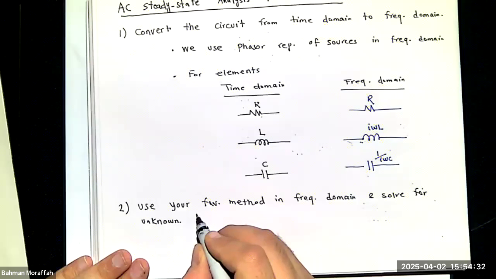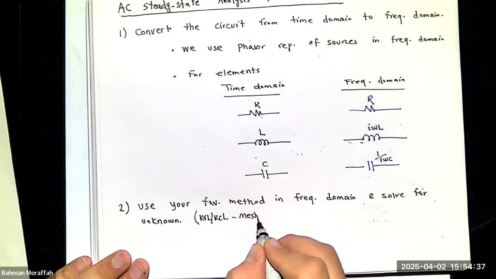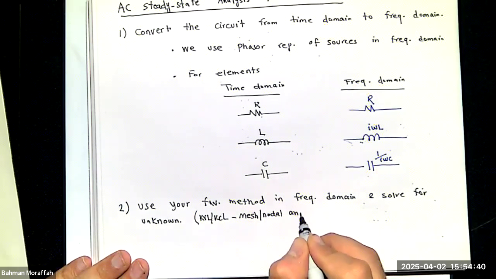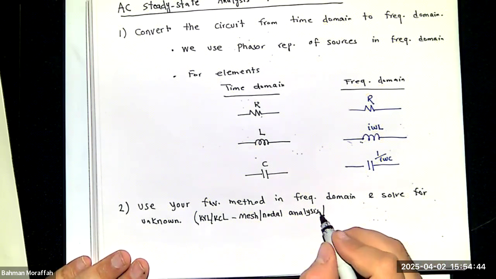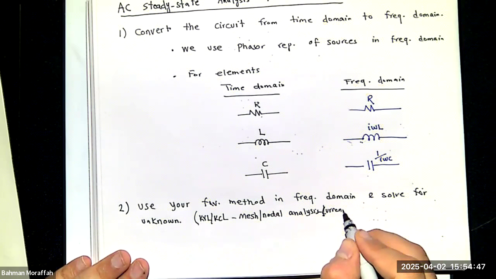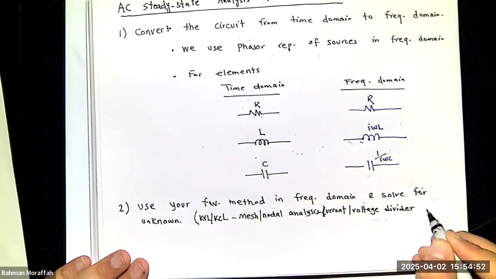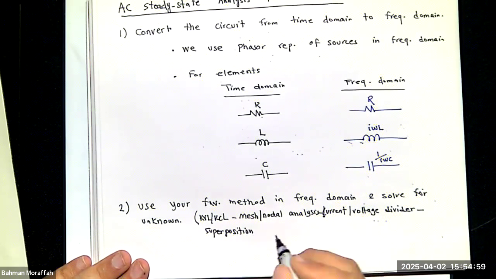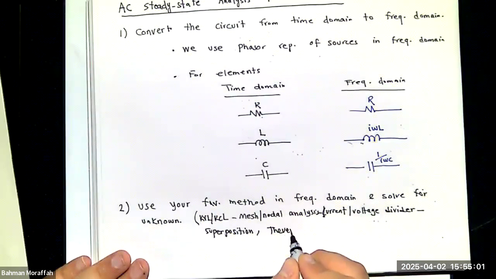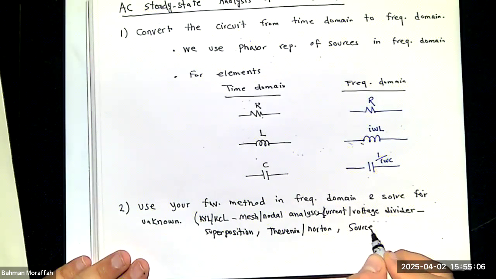So basically KVL, KCL, mesh and nodal analysis, current and voltage dividers, superposition, Thevenin, Norton, source transformation, all of it.